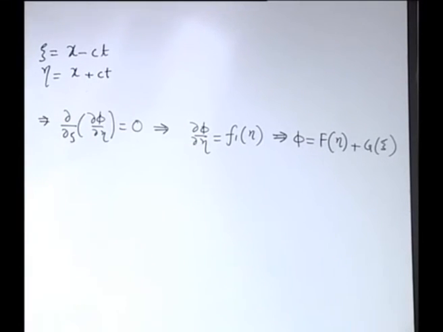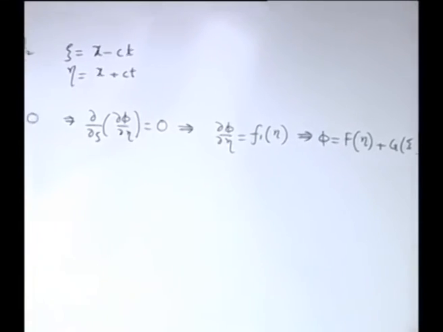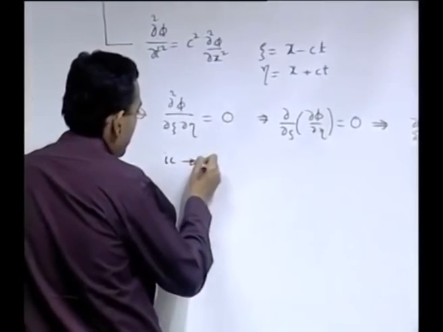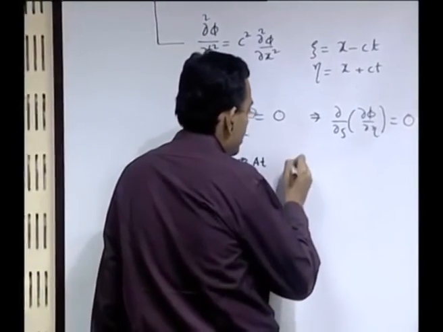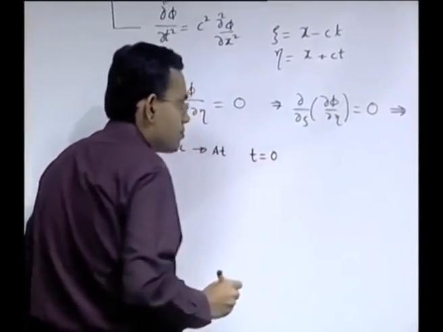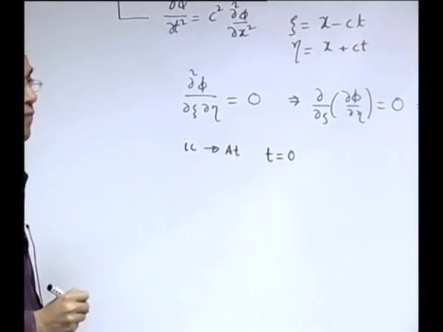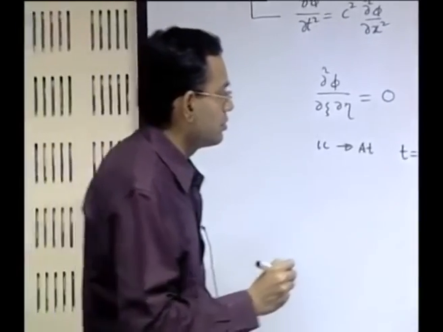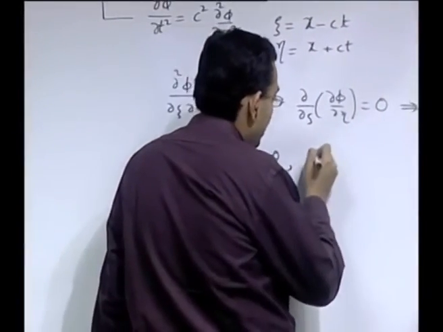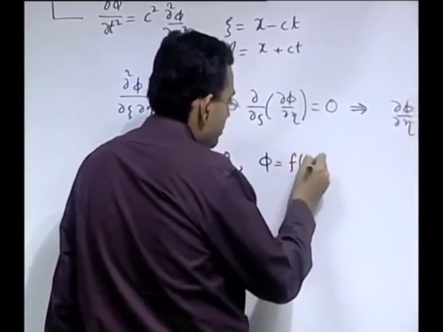So, maybe initial condition at t equal to 0, phi is some f of x.